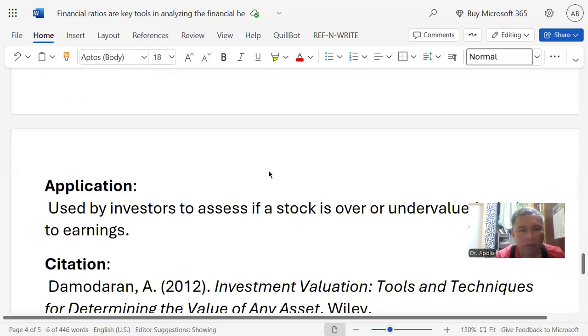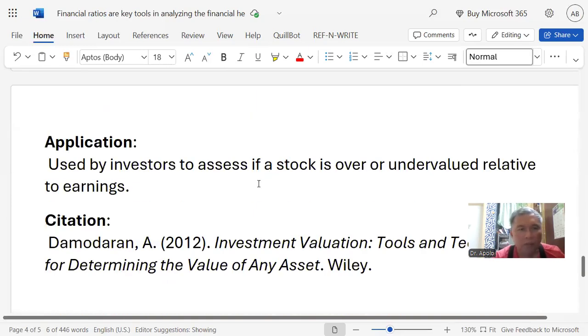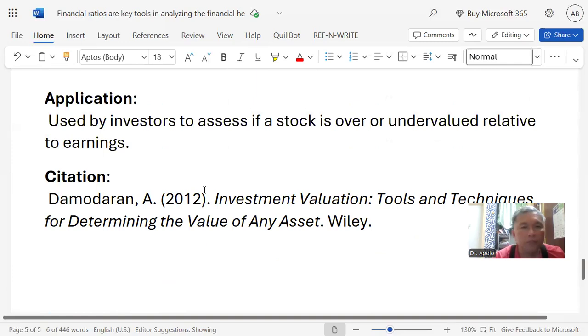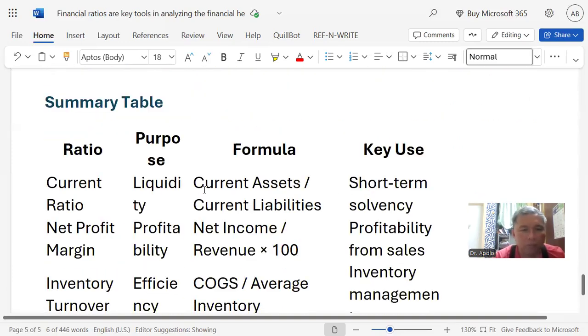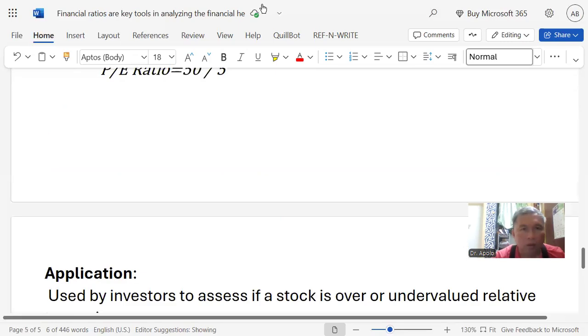It is used by investors to assess if a stock is over or undervalued relative to earnings. The P/E ratio, they always ask for that. That's all for the ratios.